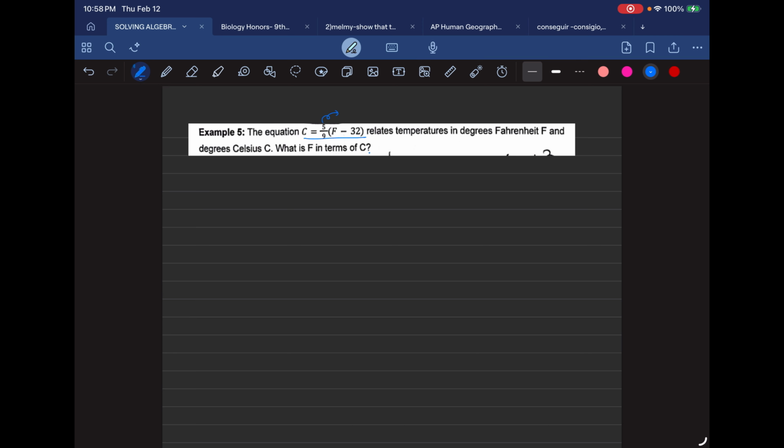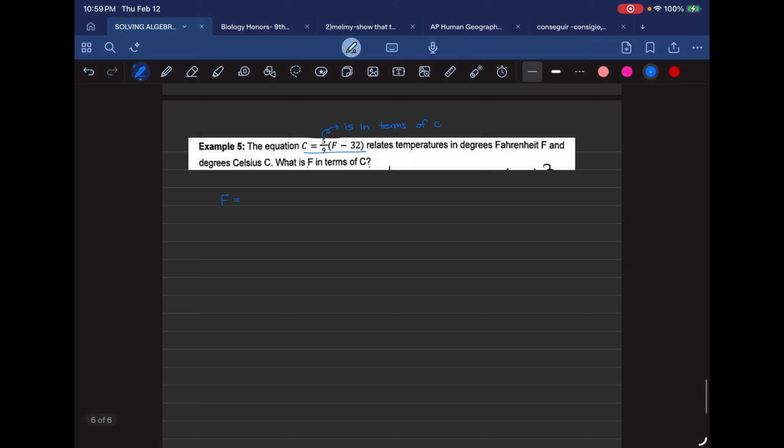So we want to say F equals something, because we want F in terms of C. So we're going to distribute first.